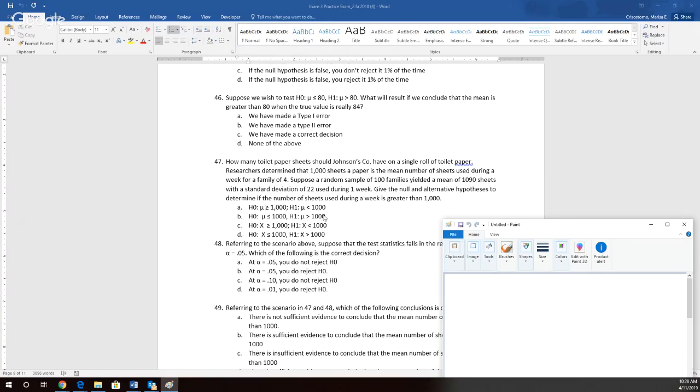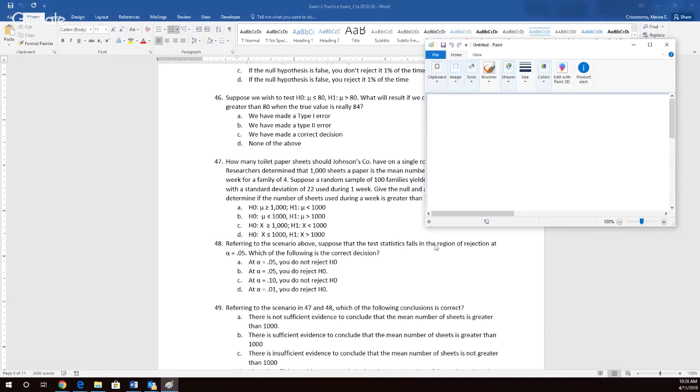Looks like it's right here, 47B. And you automatically know that C and D are not correct because your null and alternative hypotheses will always refer to the population rather than the sample. So the only one that says that the mean is greater than 1,000 is B here. Okay, so here's our null and alternative hypotheses.